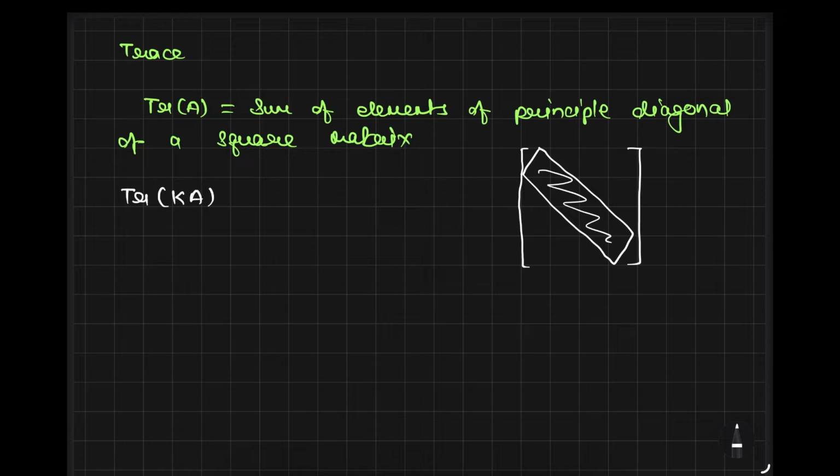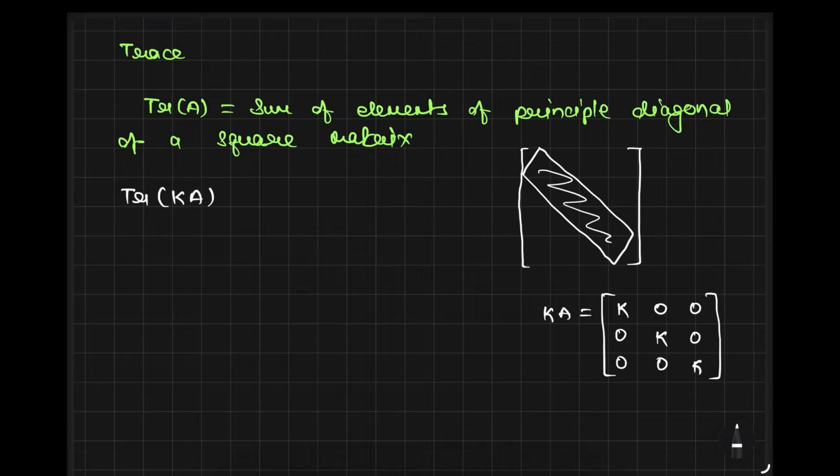Now try to understand. Suppose that A is 1 0 0, 0 1 0, 0 0 1. So what is the trace of A? Trace of A is 3. Now suppose that it is k times A. So it will become 3 times k.